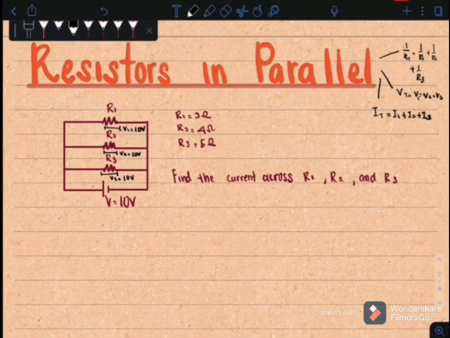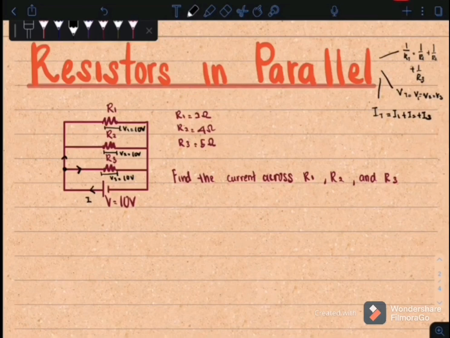And for current, the current that leaves the power supply is going to meet a junction here and is going to split. So we are going to sum the currents across each of the resistances to get the total current. However, the question asks to find the current across R1, R2 and R3.